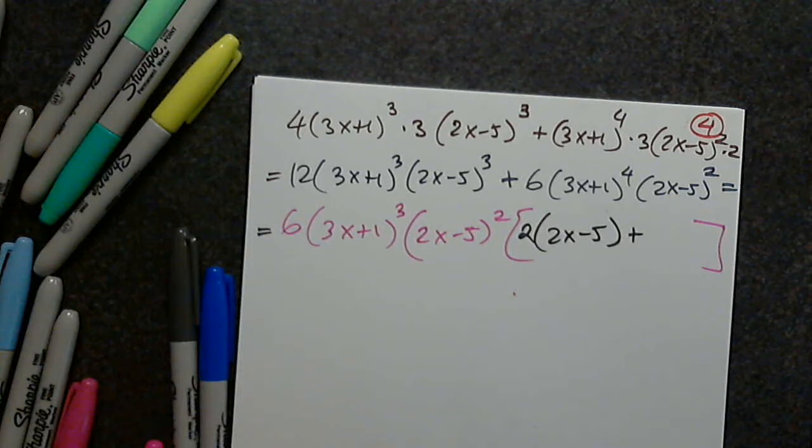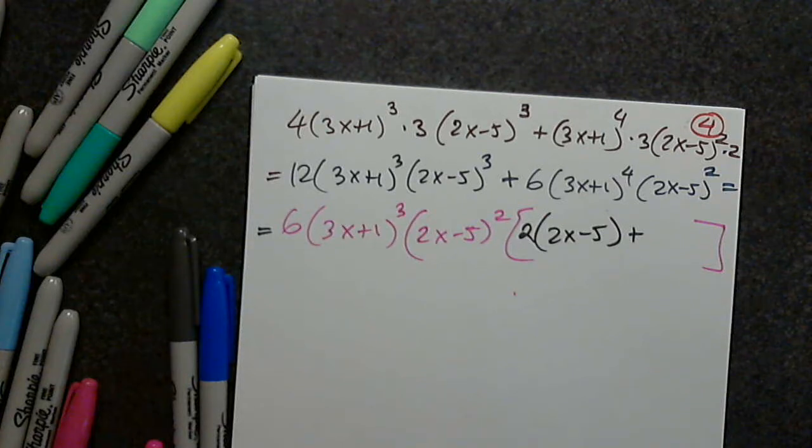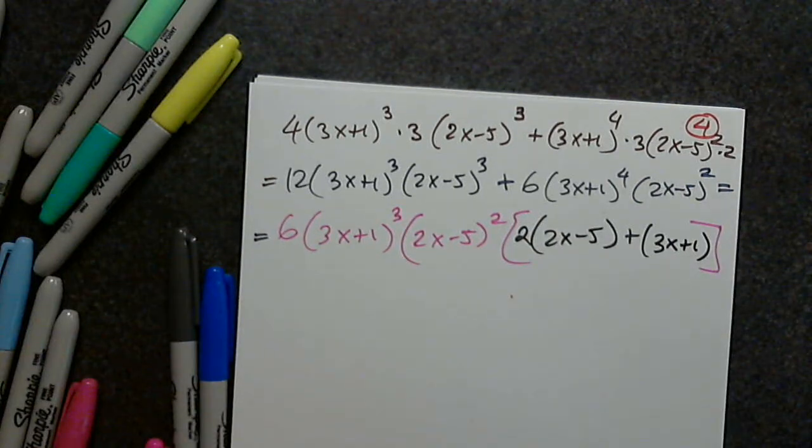Okay. Do we all agree with 2 times 2x minus 5? Yes. And then I reach the plus. What is left now? 3x plus 1. Anything else is left? No.